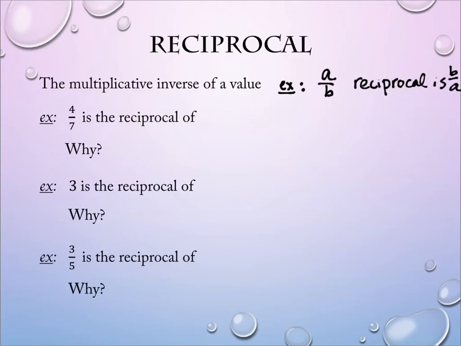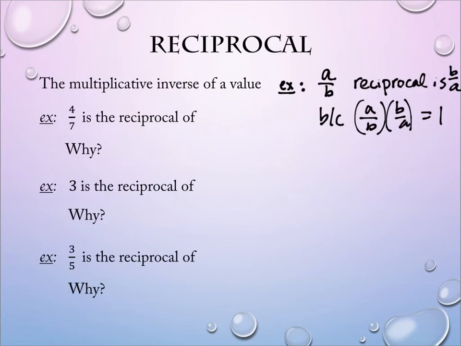And by definition, the reason is because a over b times b over a equals 1. That's what it means to be a multiplicative inverse. It means that when you multiply it by its multiplicative inverse, you get back the multiplicative identity 1.